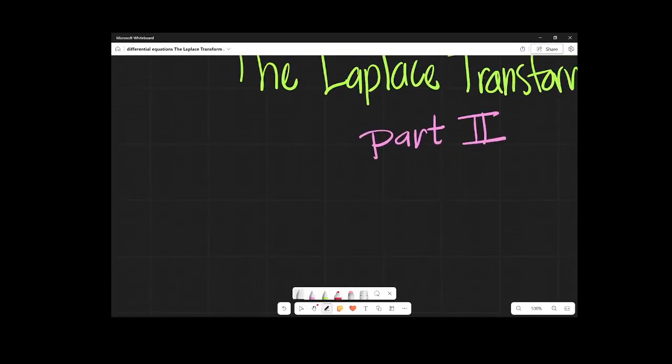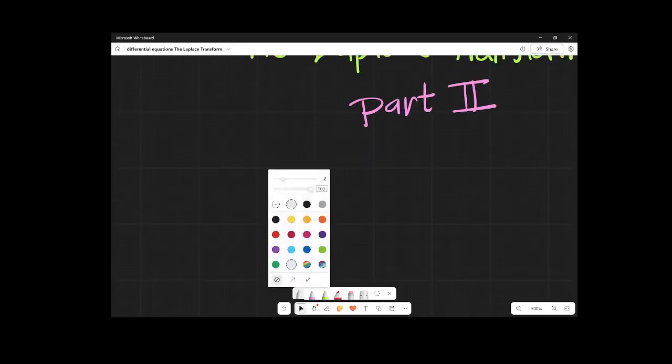So basically, all we're going to do here is just derive the expressions for the Laplace transforms of sine of at and cosine of at, where a is just going to be any constant, right?